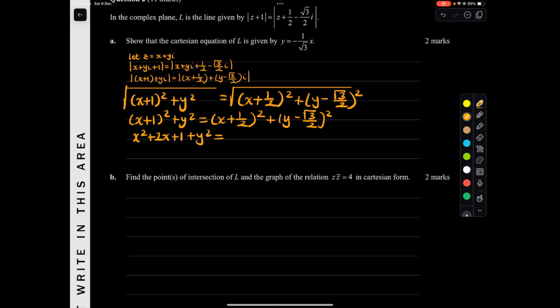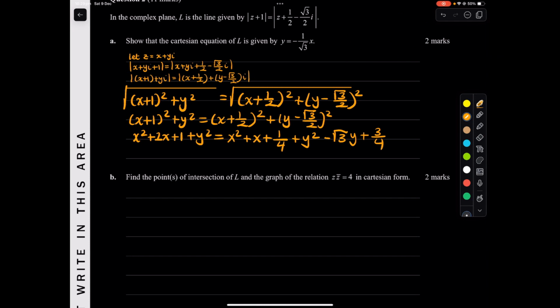X plus a half squared is just going to be x squared plus x plus 1 over 4, plus y squared, so negative 2y root 3 on 2 is what? Cancel those 2, minus root 3y, plus 3 over 4.